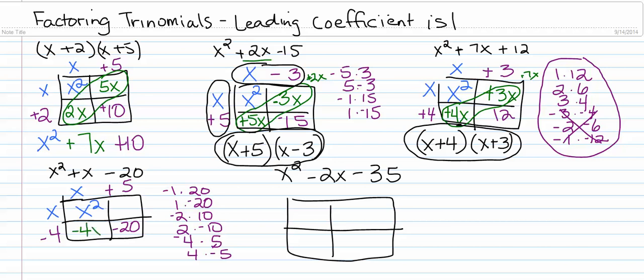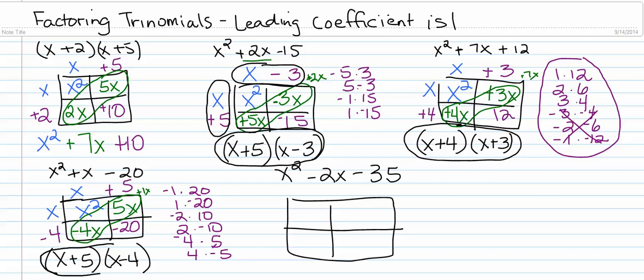So negative 4x is what I get when I do negative 4 times x. 5x is what I get when I do positive 5 times x. When I combine those together, I end up with a positive 1x, which is exactly what I had in the original problem in front of x. So that tells me that my factors are x plus 5 times x minus 4.